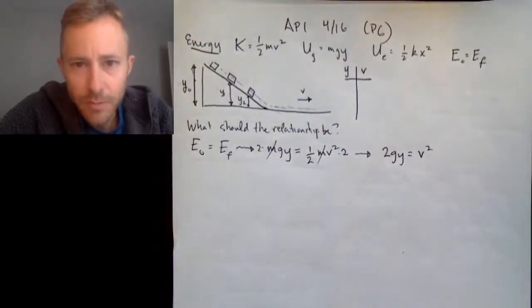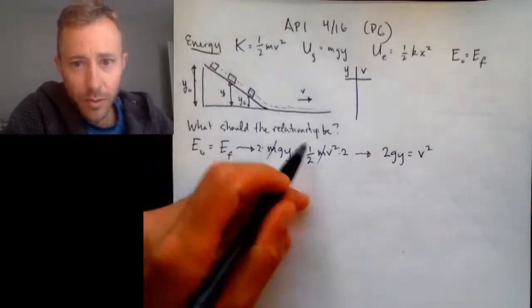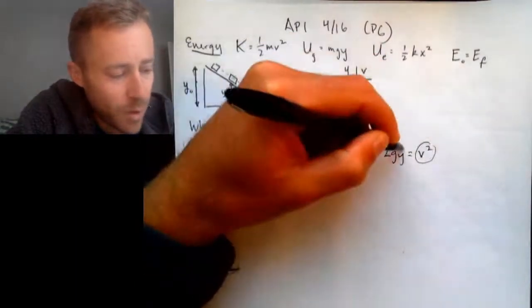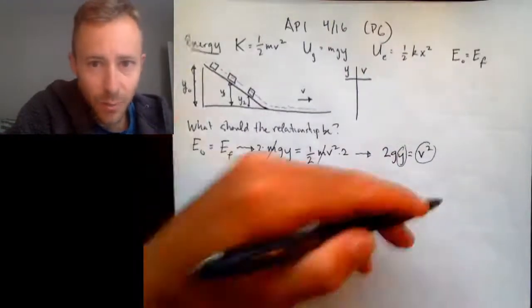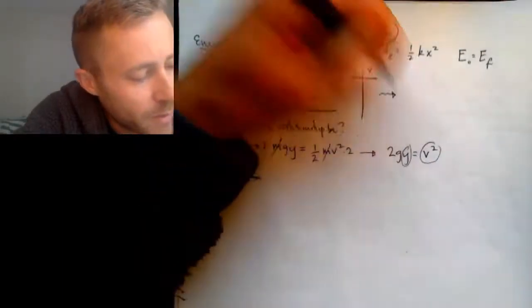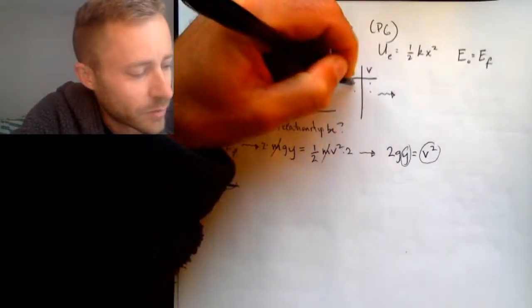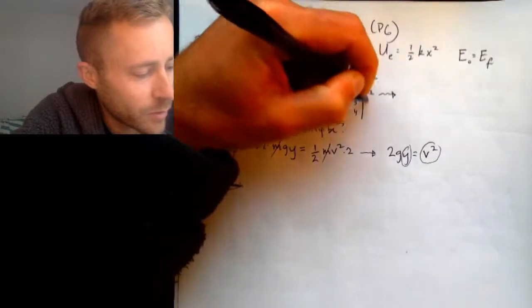Notice how when I derived this theoretical relationship, it has v squared and y. So it doesn't have v and y, it has v squared and y. So what I'm going to do is transform my data table. So maybe this is 1, 2, 3, 4, and this is 1, 2, 3, 4.